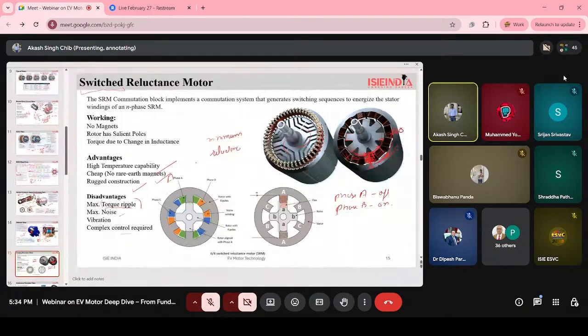So this is our switched reluctance motor. Okay, got it? Everyone got it? I hope everyone is getting it.